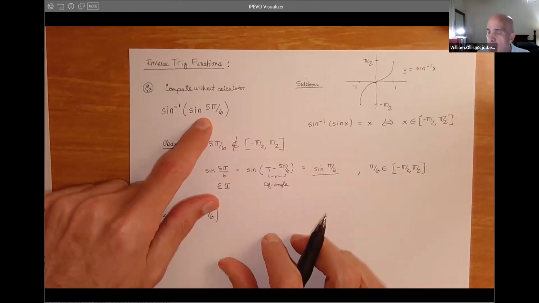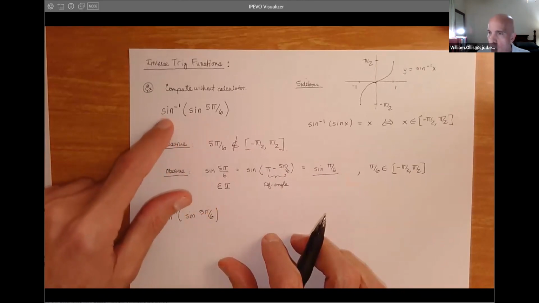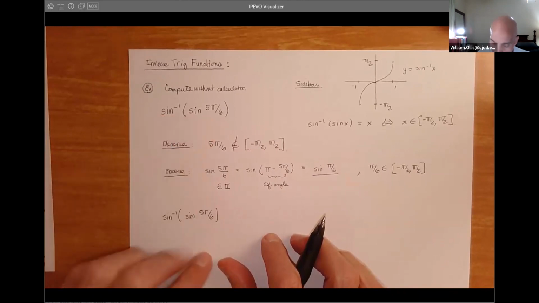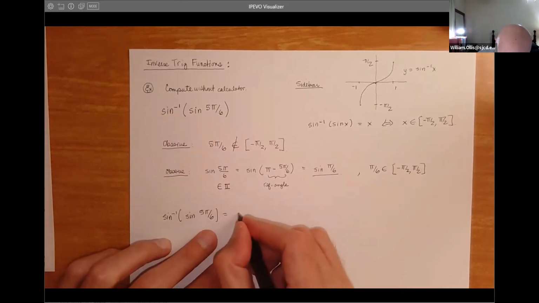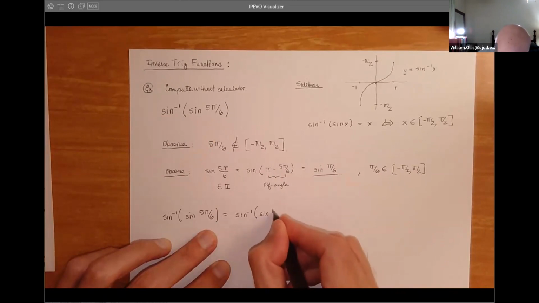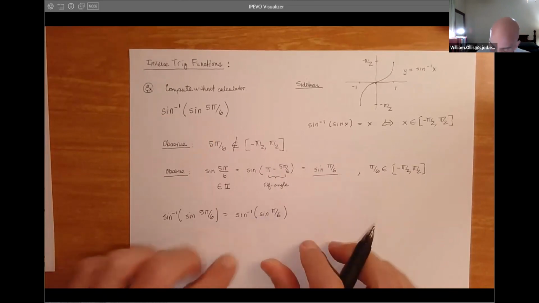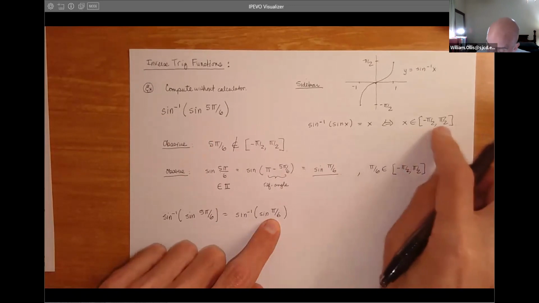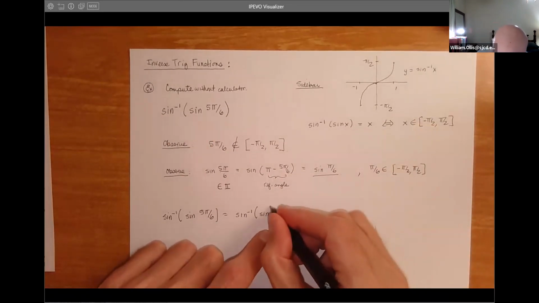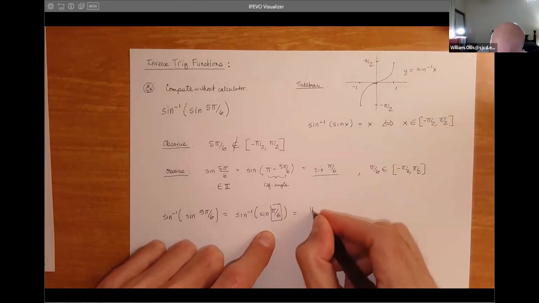We don't have the luxury of calling it undefined because the inverse sine is not on the inner function. So that's what makes this problem harder. So now this equals inverse sine of pi over 6. But again, pi over 6 lives here, so we can collapse to x. Here is our x, so we get pi over 6.